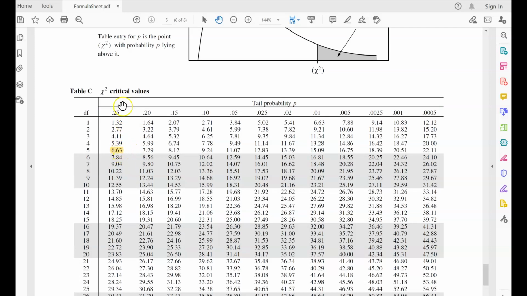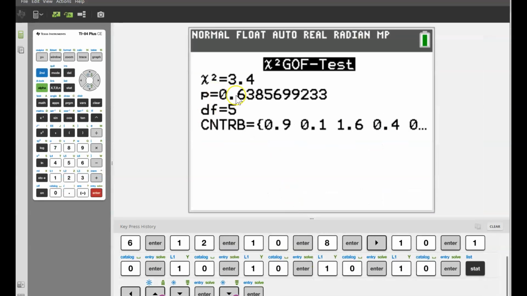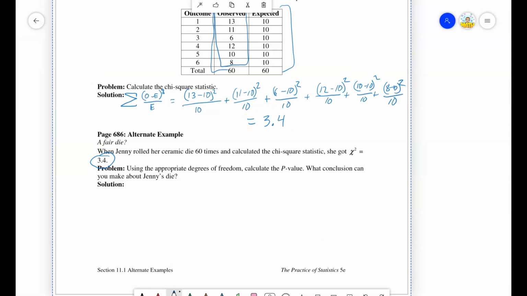So we know the p-value has to be bigger than 0.25. This is the area in a right tail. So if 6.63 lives here, and the area to the right of that is 25%, well, surely the area to the right of 3.4 is going to be much bigger than 25%. And then we can look on our calculator and see the p-value is 0.6385, or if we round that to 2 decimal places, we get a p-value of about 0.64.